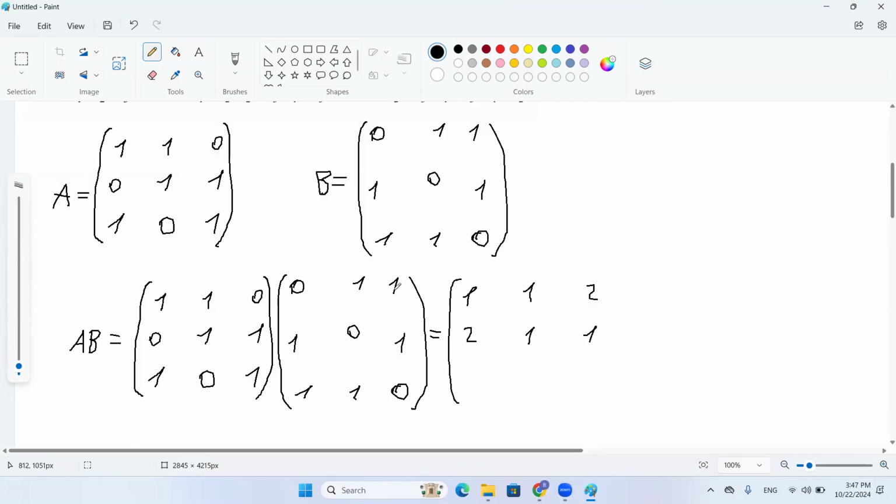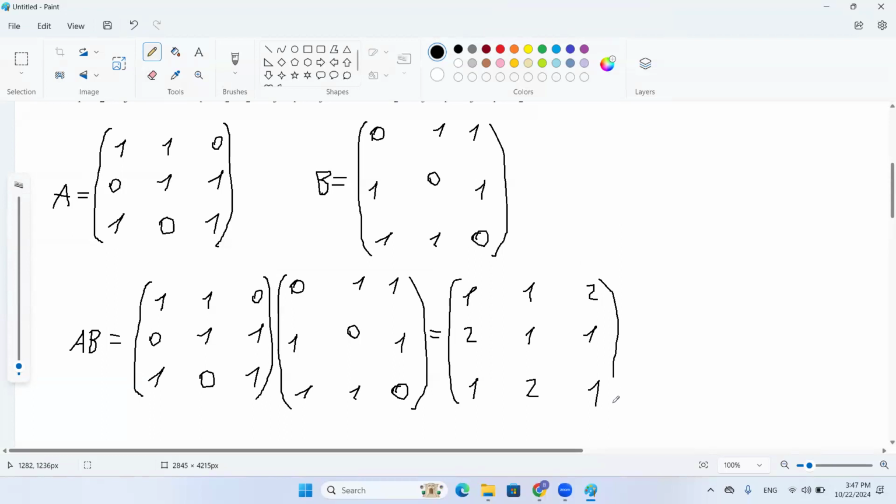And 1 plus 0 plus... Oh, no, I multiply. So I need to multiply this row by this column. So 0 plus 0 plus 1, 1. 1 plus 0 plus 1, 2. And 1 plus 0 plus 0, 1.